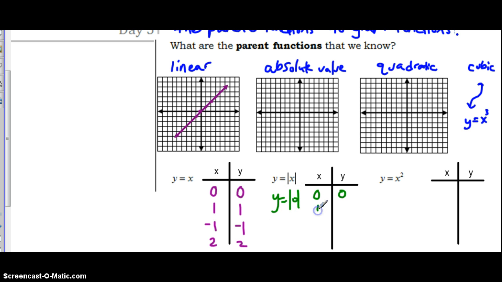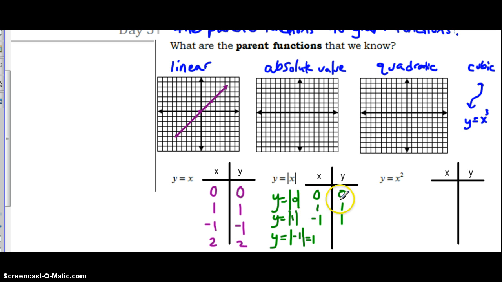Okay, if I plug in 1 for x, our y is going to be 1. But if I plug in negative 1 for x, for the absolute value, it's going to make that positive, and that will make that 1. So you can see our shape, and hopefully you're remembering this from Unit 1 and from our different reviews that we've had.